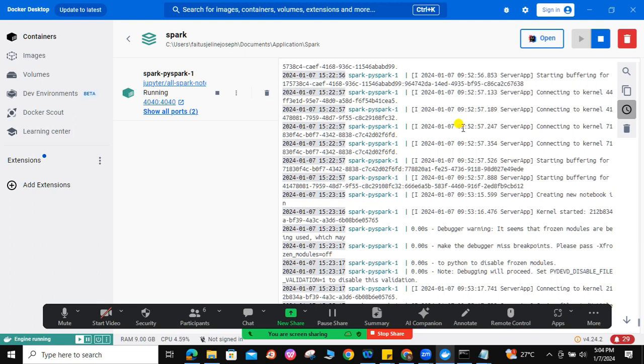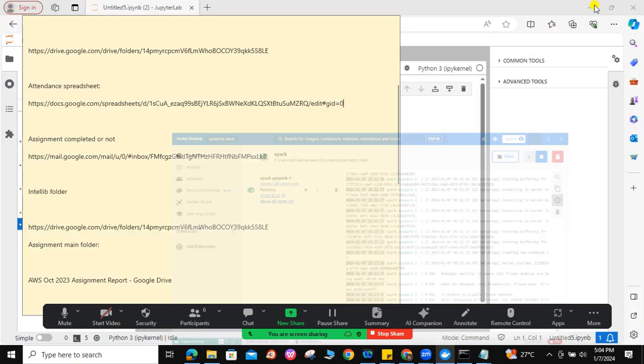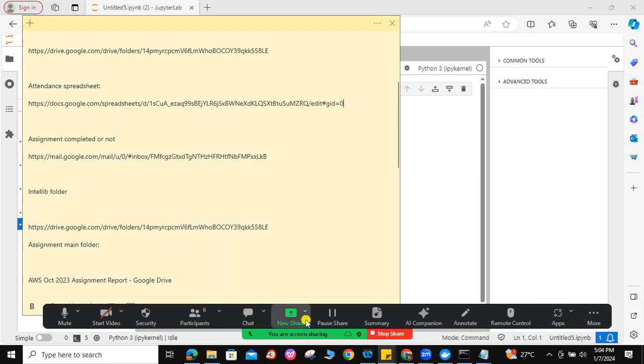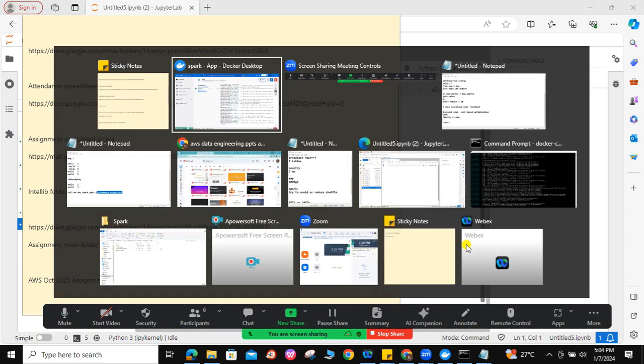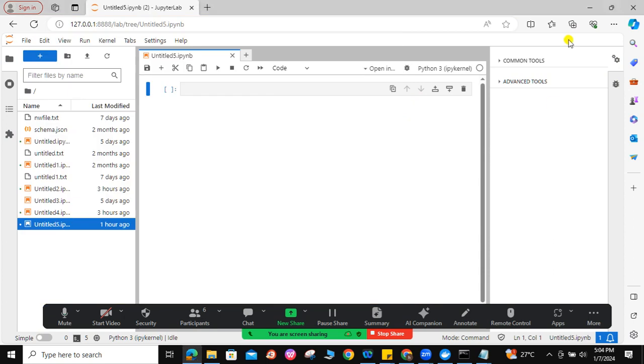Yeah, you can share. Can you share? Share the screen. The screen is not visible for me.